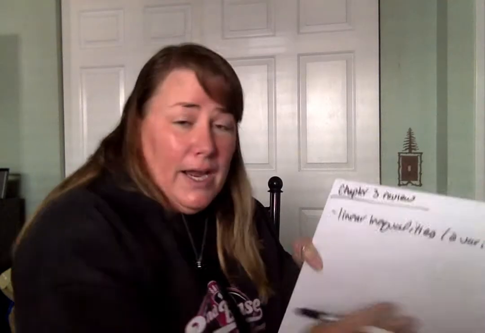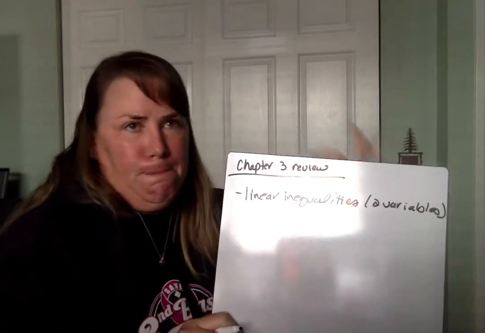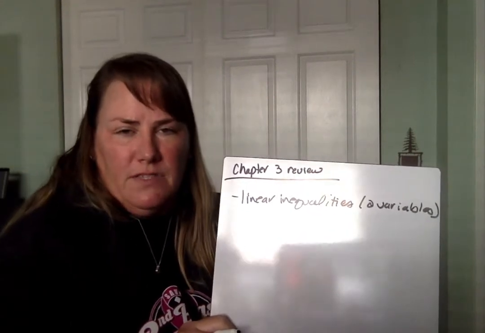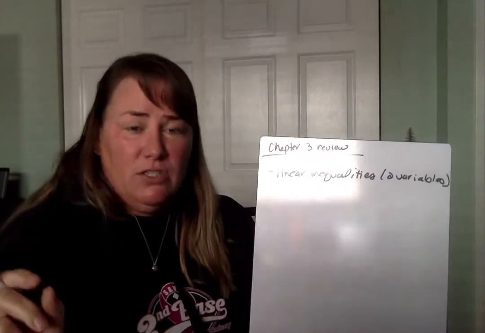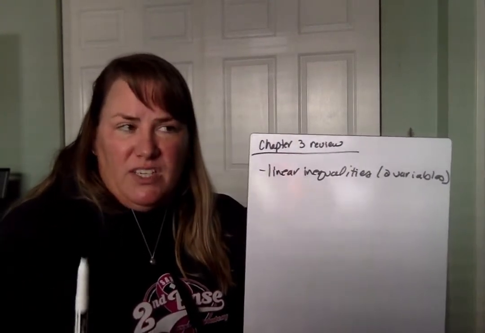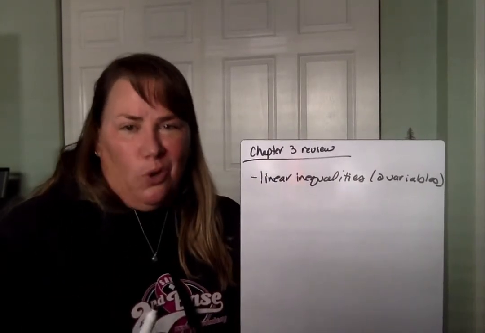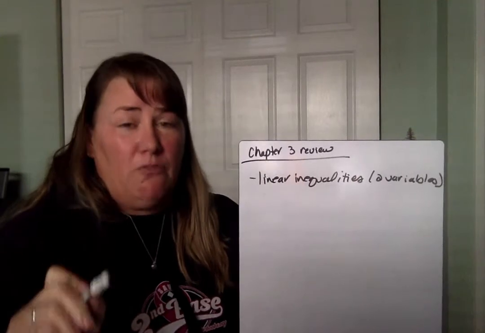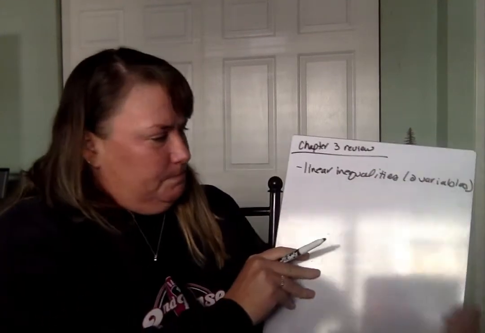But I could give you one that just says, graph the linear inequality y is less than or equal to -6, something like that. So really pay attention to the words. If I just said solve and graph, you're looking at a number line. If I said graph the linear inequality, it's on a coordinate plane. So be very, very careful. Make sure you double, triple, quadruple check those directions.